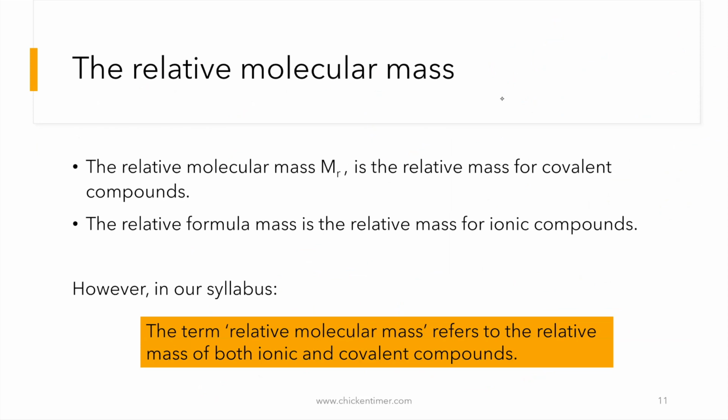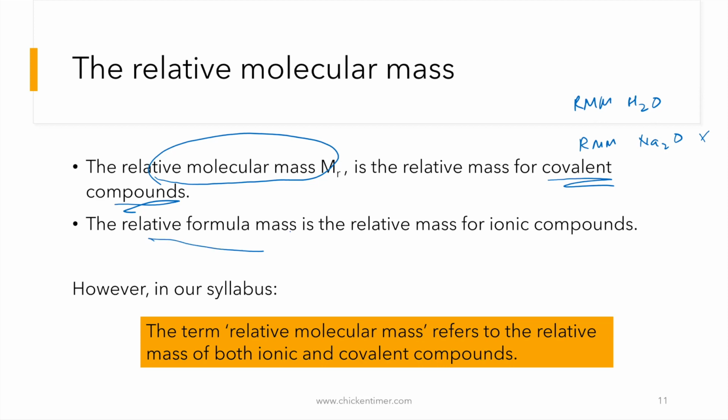Further terminologies down here: relative molecular mass is the relative mass for covalent compounds. We can say relative molecular mass of water, but by right you cannot say relative molecular mass of sodium oxide. There is a term called relative formula mass, which is for ionic compounds.